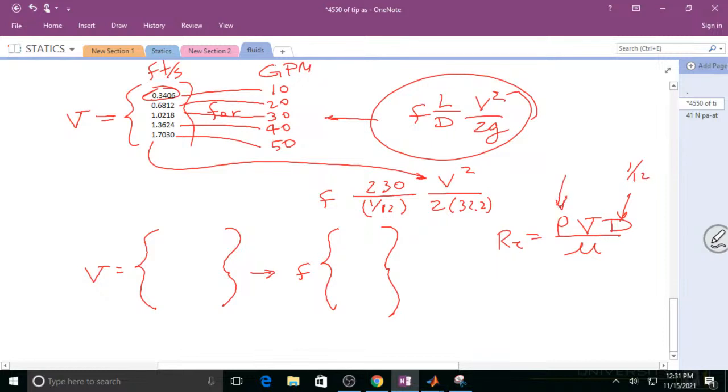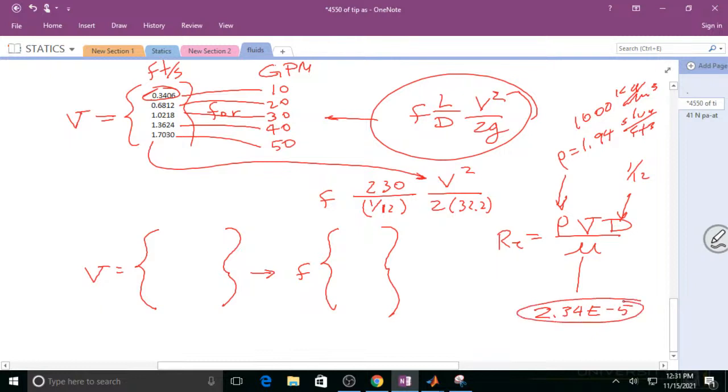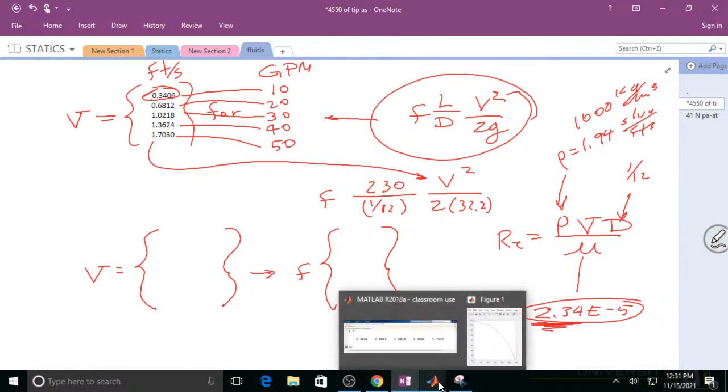We're going to assume this is water, so rho is going to be 1.94 slugs per cubic foot, or 1,000 kilograms per cubic meter. Mu, for water, is roughly 3.4 e to the minus 5. That's what he uses throughout the textbook, but that varies a lot with temperature. But that's what I'm going to do here.